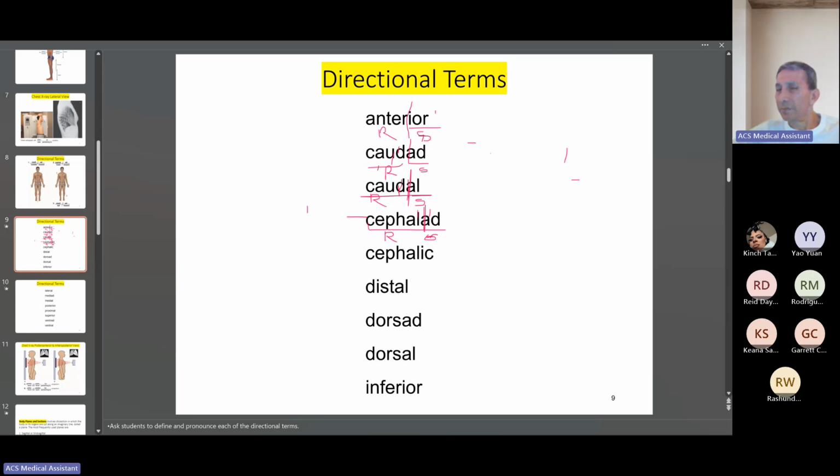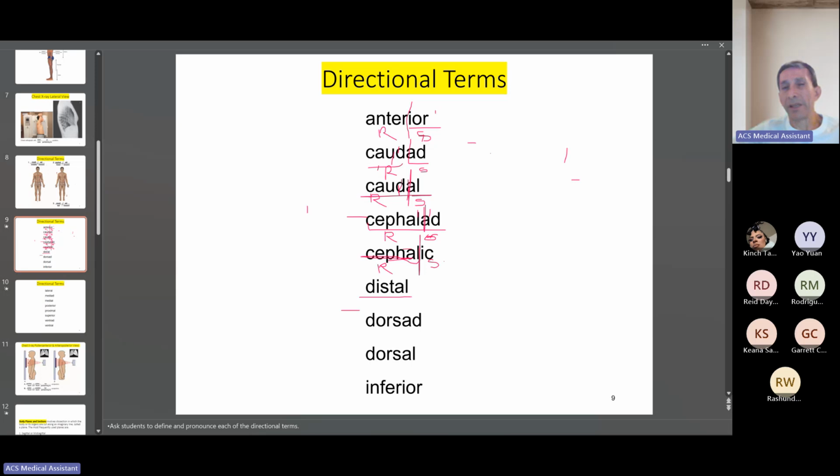Then we have the same word root below, cephalic. IC is the suffix, and cephal, of course, is the word root. IC means pertaining to the head. That's it. Simple.